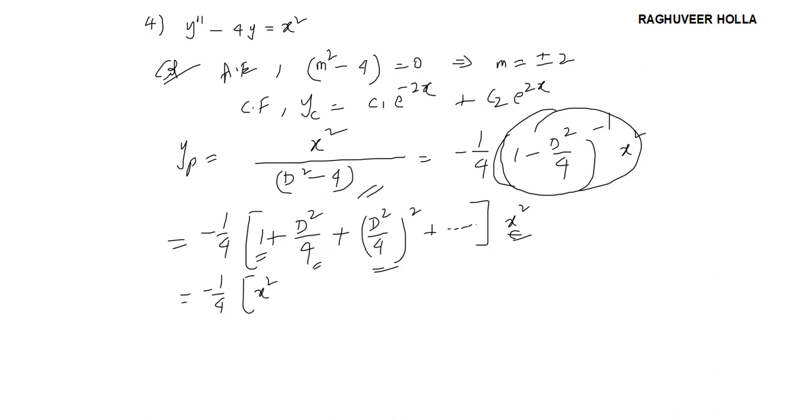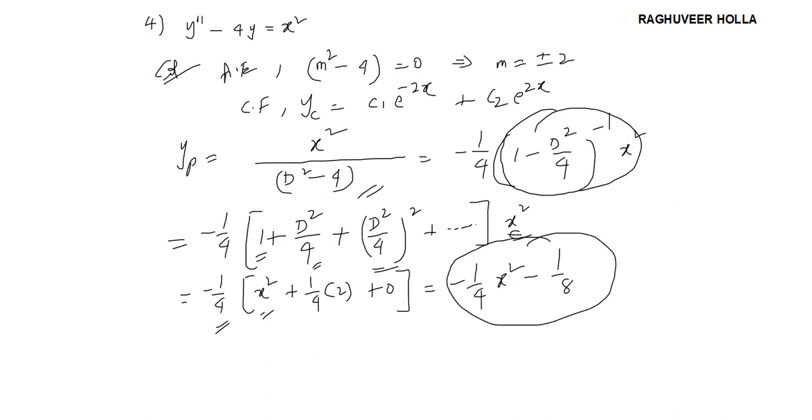Now differentiation twice, so I get 1 divided by 1 by 4 into 2. The rest terms would be 0, so I wouldn't be using it. If I multiply this with respect to this, I get minus 1 by 4 x square, minus 1 by 8. So this is your yp.